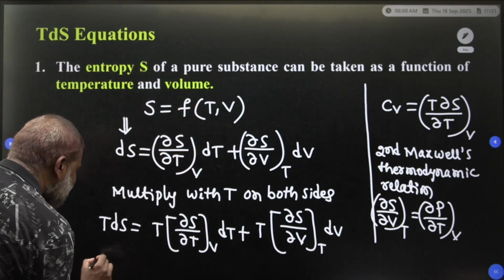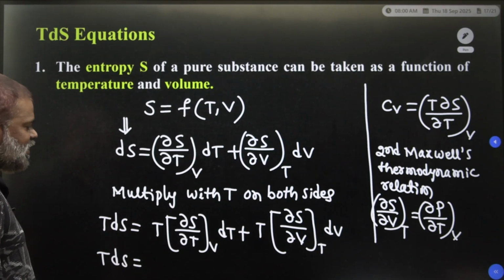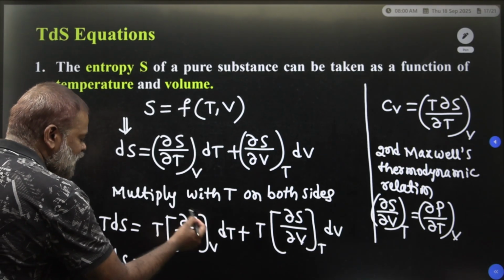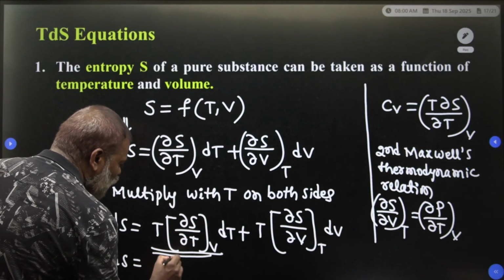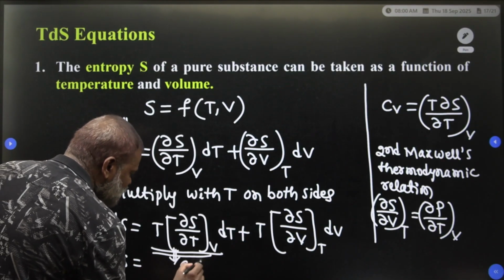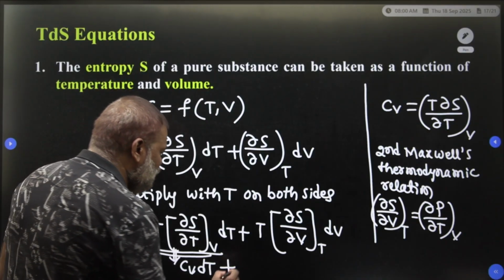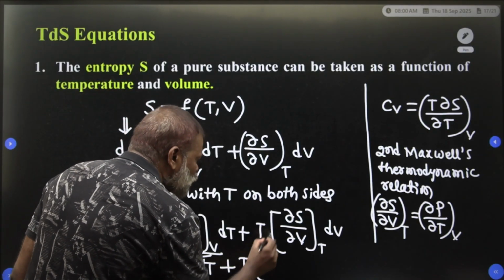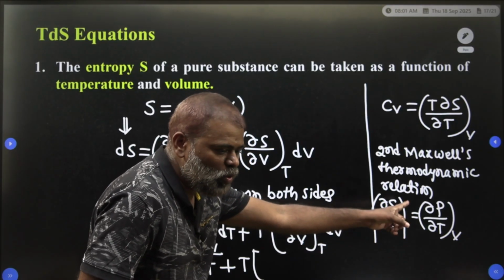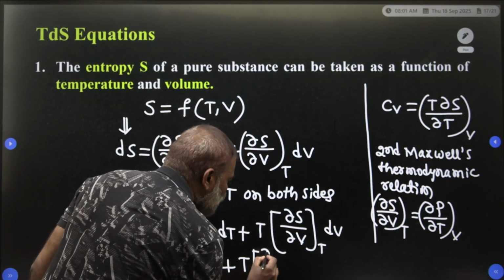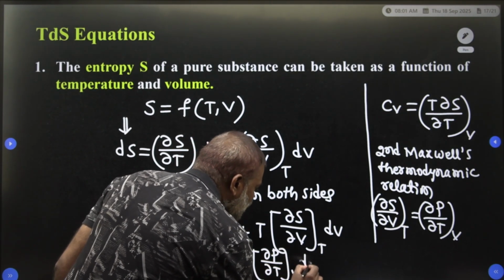Therefore, TdS is equal to T(∂S/∂T) at constant volume, which we take as Cv, into dT, plus T(∂S/∂V) at constant temperature, which is equal to ∂P/∂T at constant volume, into dV.